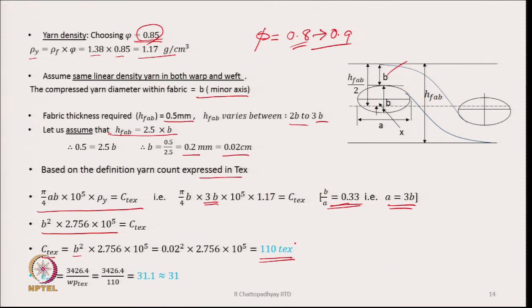And if this is the value of yarn count, the yarn ends per inch is going to be 31. So, if you compare this yarn tex and the ends per inch with the previous method, they are very close to each other.